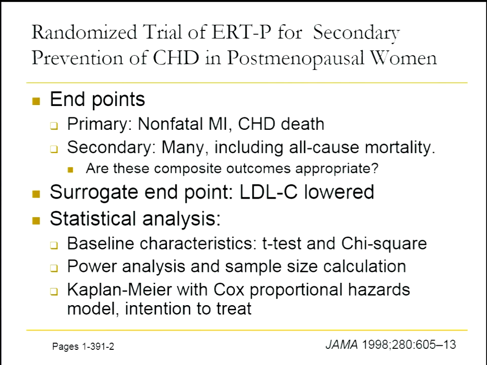So the question comes up, why not all-cause mortality as the primary endpoint? The reason is it would have taken a long time, with a lot of individuals studied for a long time, to be able to use that as the primary endpoint.